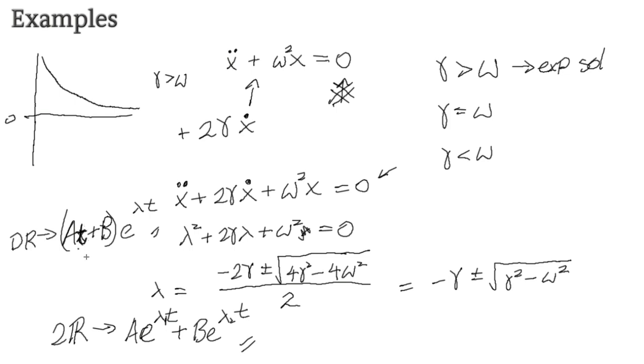Just bear with me. As t goes to a large number, this b gets irrelevant, so initially it involves more of the b term, but then as time goes on, the a term takes over.